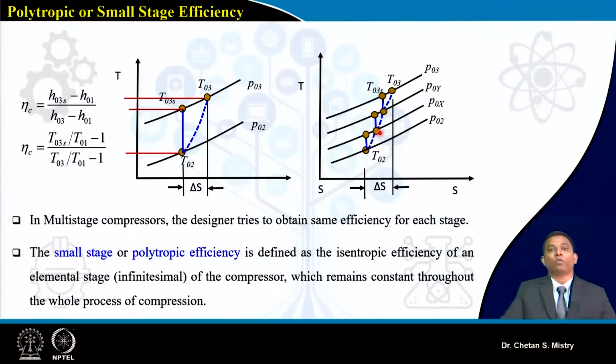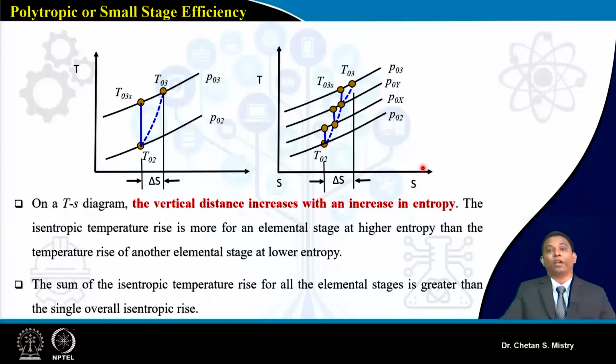So here if you look, you can clearly compare this delta S. For this case my delta S is coming out to be large. Let me come to the point of what it says. Here if you consider the vertical distance, adding together for my isentropic process, from my T02 to T03s, my delta T0 is coming out to be large.